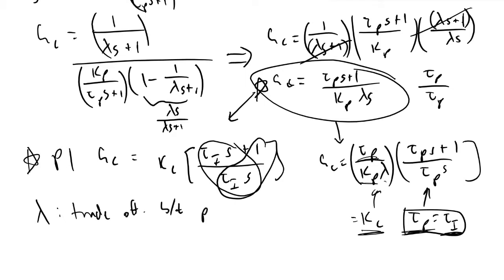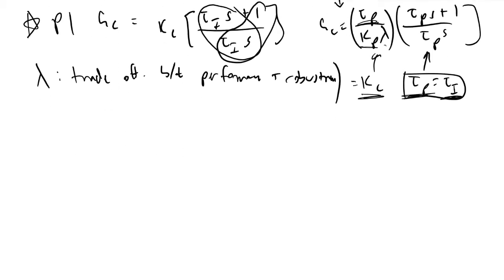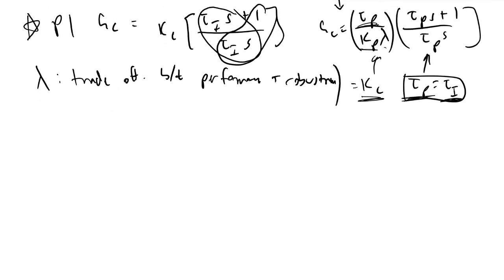between performance and robustness. And so what I mean by that is if we want a controller that will very quickly get our system back to the set point value after it's been perturbed, we're going to want to opt for having a very aggressive controller.